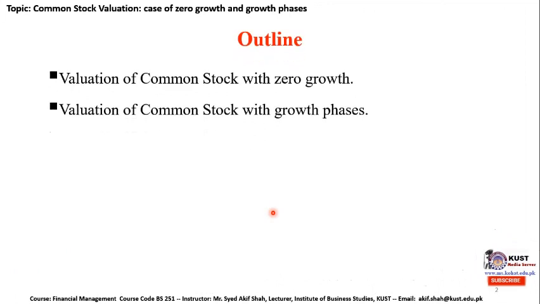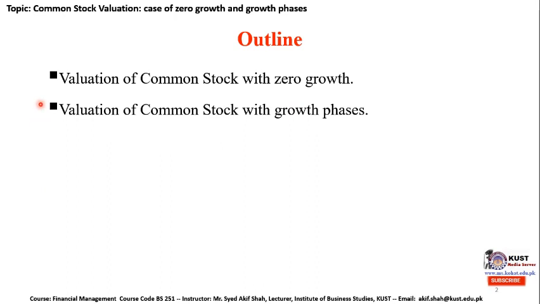Hence, the outline of this lecture comprises two main agenda points. Number one is to value the common stock under the zero growth assumption, when we assume that the stock is not growing, rather a fixed stated or constant rate of dividend is paid out by a particular company.